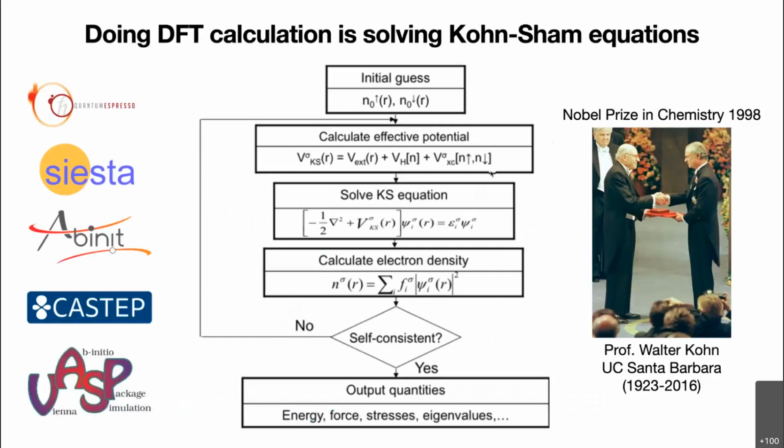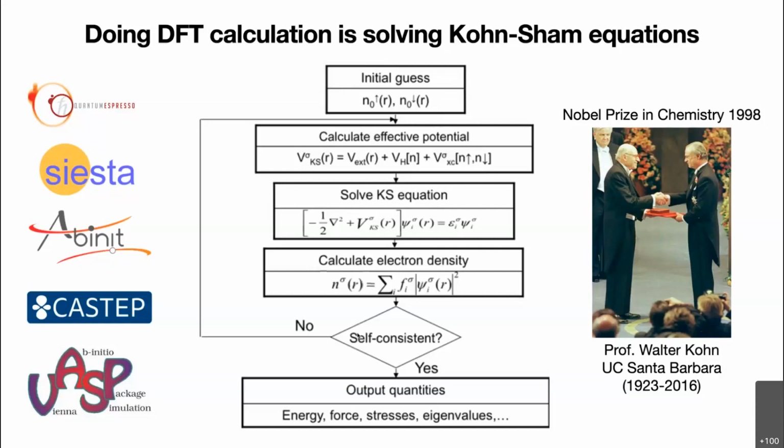So this is the flow chart for DFT calculations. Again, I'd like to say doing a DFT calculation is solving the Kohn-Sham equations. So let's follow this flow chart. Initially, we need an initial guess, something like an electron density. Then we can calculate the potential and kinetic energy too. Then the output electron density can be obtained from the wave function here.